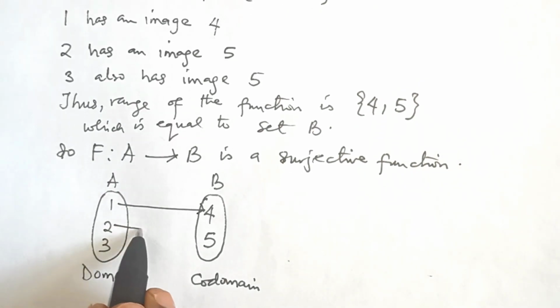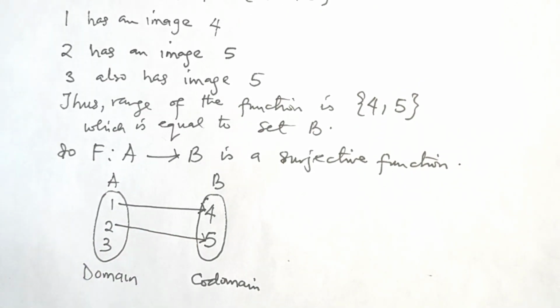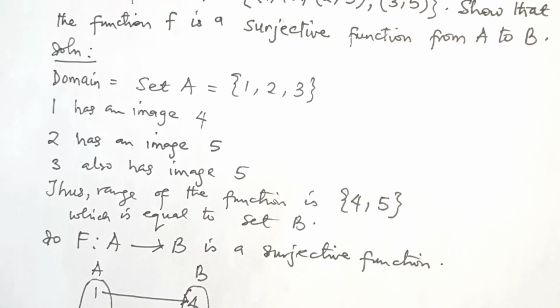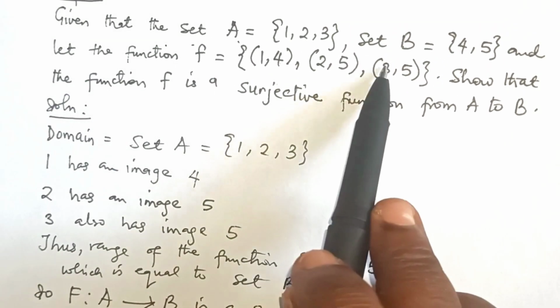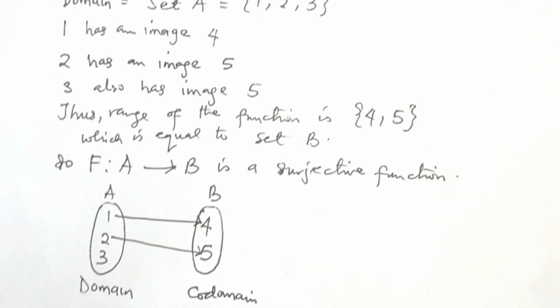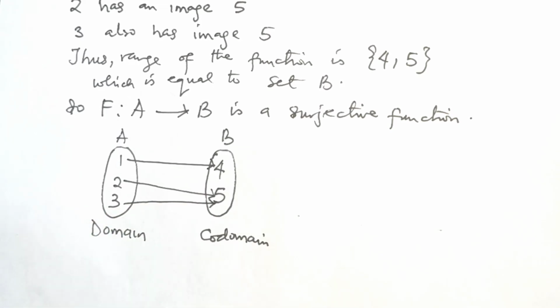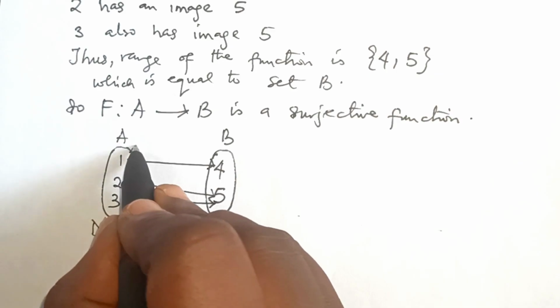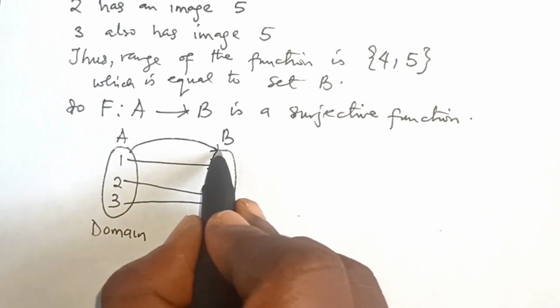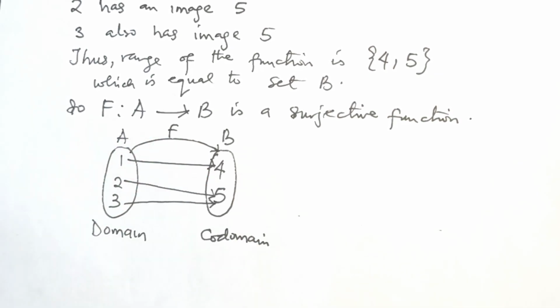So we represent it like this. Also, the image of 3 is 5. That will be this. So we have been able to represent the function f graphically.